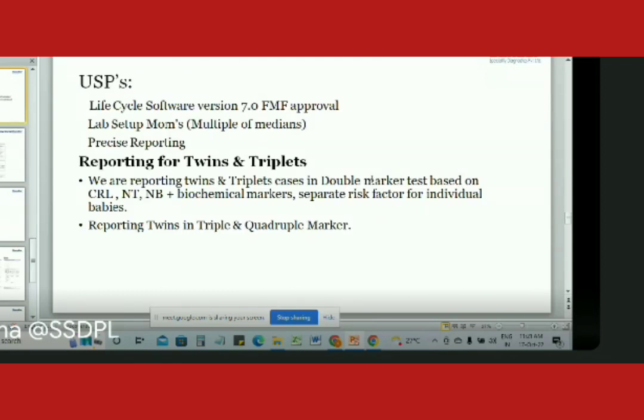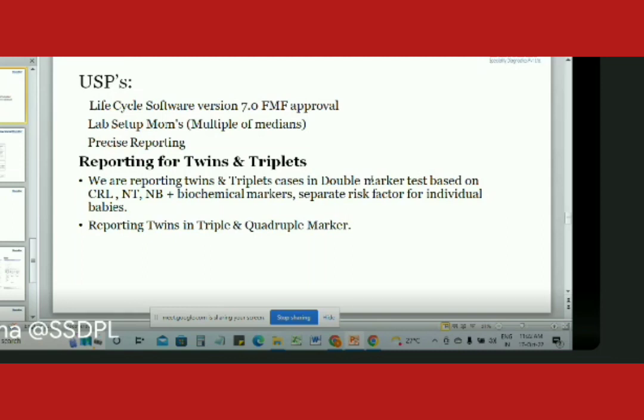So our USP is that we have a self-established MoMs. MoMs are nothing but multiples of median, covering all the hormones and proteins we detect through this technique, Victor 2D. Are we giving only the value which we have got? No. We compare it with the data we have from all these years.